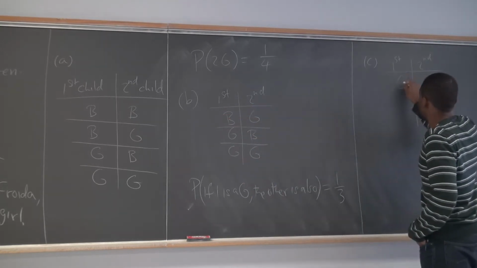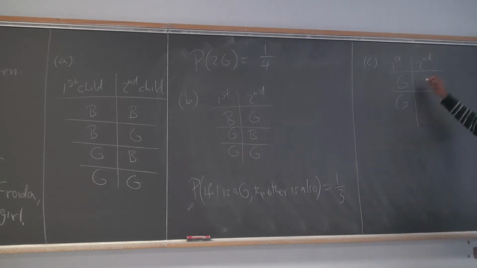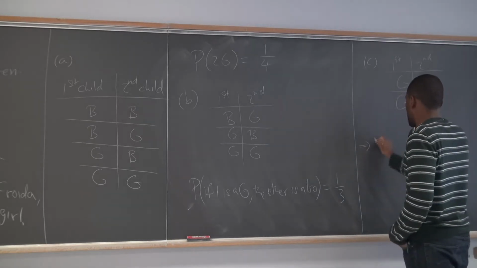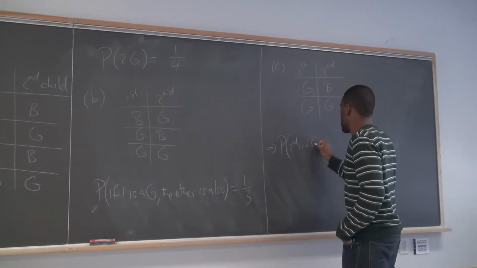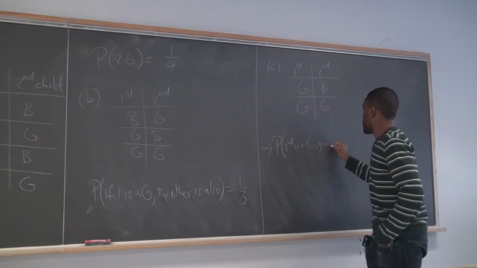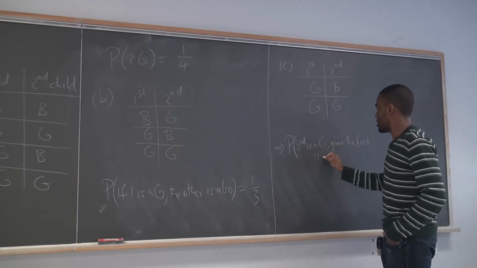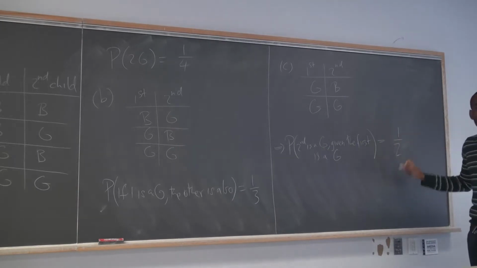So we can only have G's here. Right? Which means you can either have a boy or a girl on the second one. This means the probability that the second is a girl, given first is a girl, is now 1 out of 2.